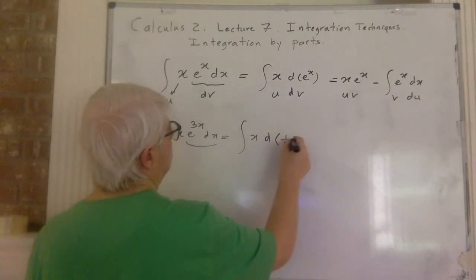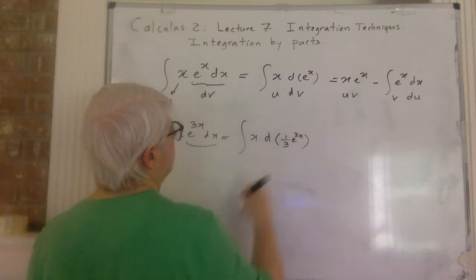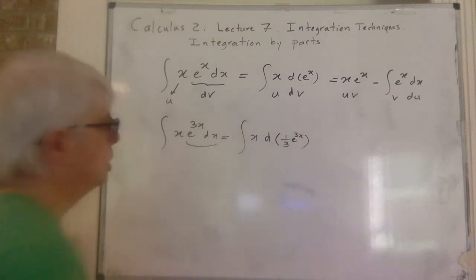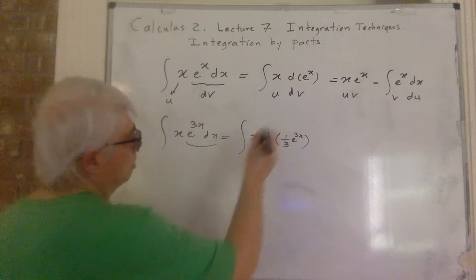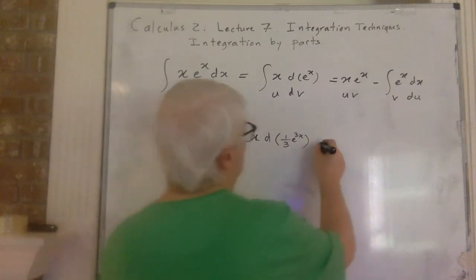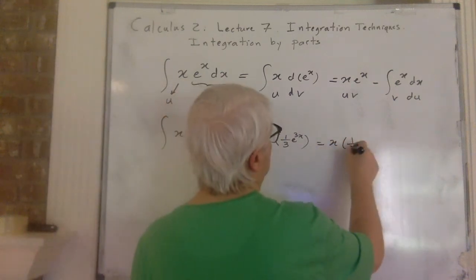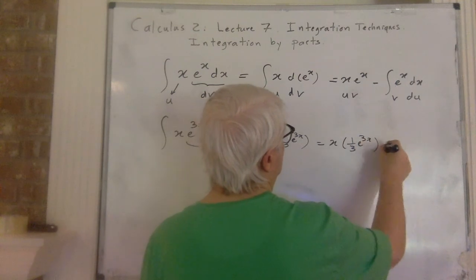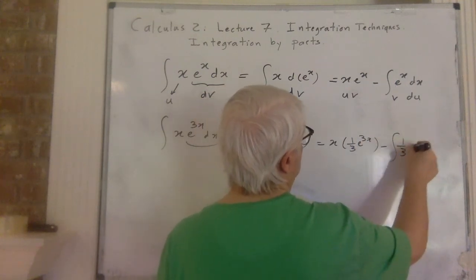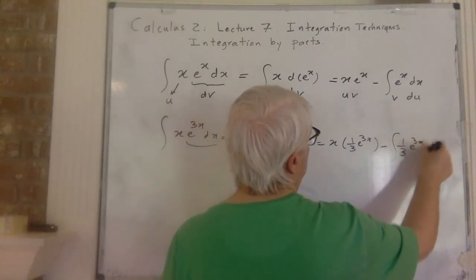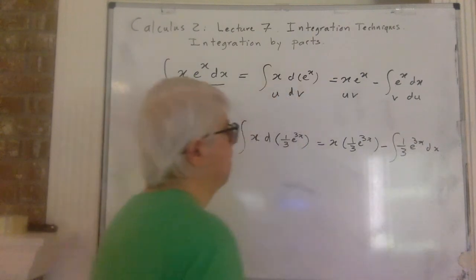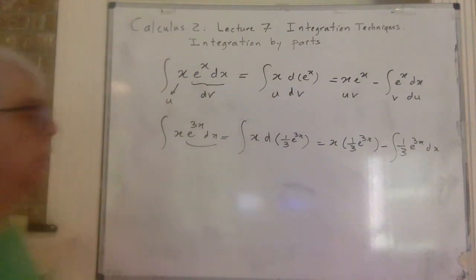It's d of 1/3 e to the power 3x. So that's u dv. So it's x times 1/3 e to the power 3x minus the integral of 1/3 e to the power 3x dx. Okay?